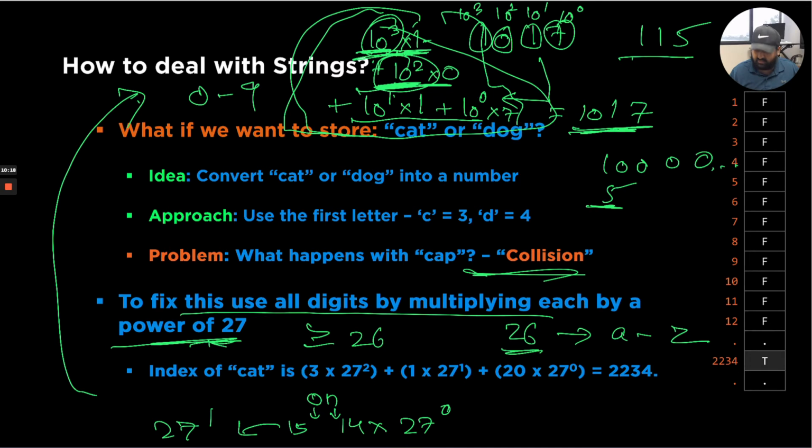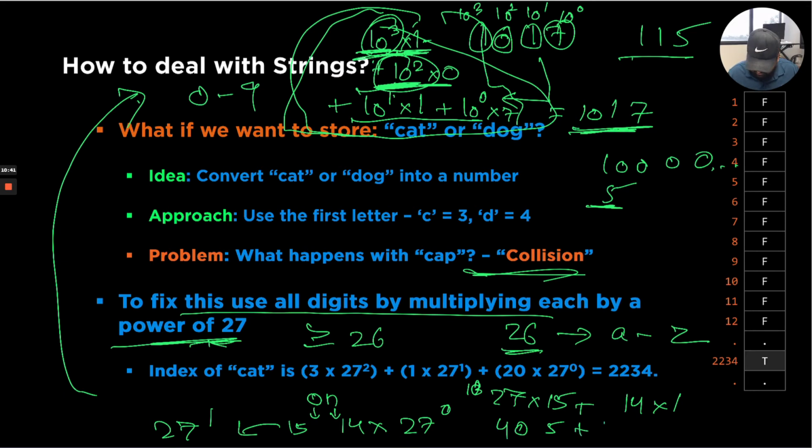to the power 1. So what we'll get is 27 times 15 plus 14 times 1. If I multiply this, this should be 135. No, I think this should be 105. Yeah, 105, and 15 times 2 is 30, 40.